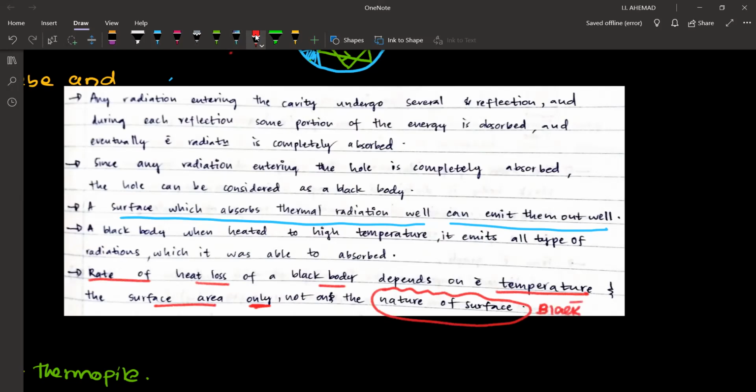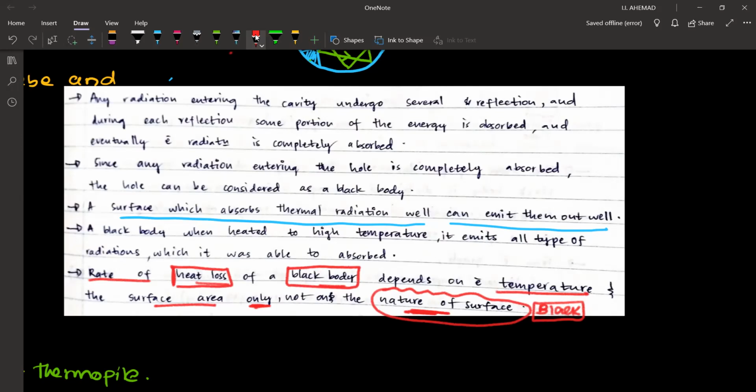That means it will always be black in color, and at the same time it will always emit all the radiation. So if it is a black body, then it is not going to depend on the nature of surface. The rate of heat loss won't depend on the nature of surface. Hope that idea is clear.